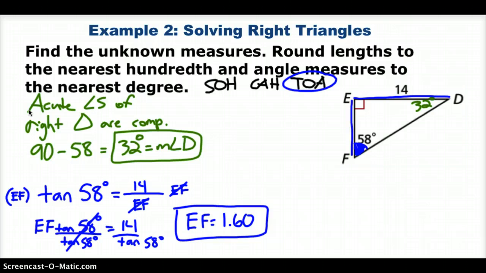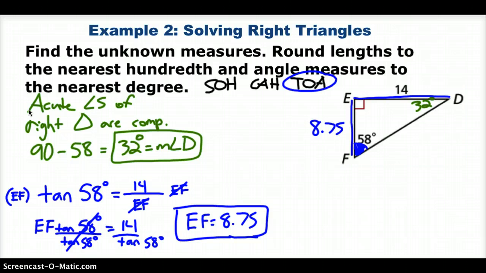But 1.6 doesn't seem right there. I'm going to try that again. 14 divided by the 58 tangent. Sorry about that, I forgot to press equals. My apologies, I must be kind of tired or something. I get about 8.75 there. I look back at my diagram, and that number just did not make sense to me, so I'm glad I caught that. So this is again 8.75 here.